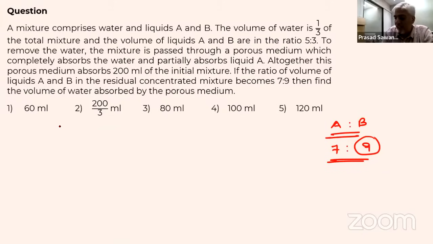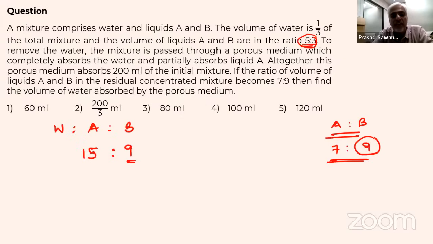So, initially, there was water, there was A, and there was B. Now I know B is 9. At that time, A and B were in the ratio 5:3. So if B is 9, A would become 15.